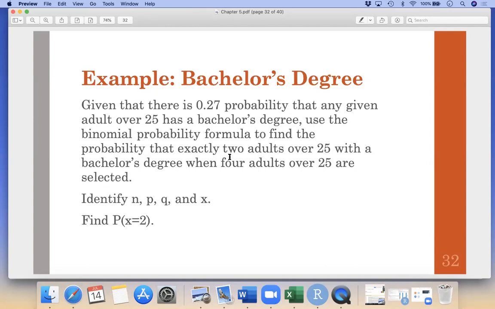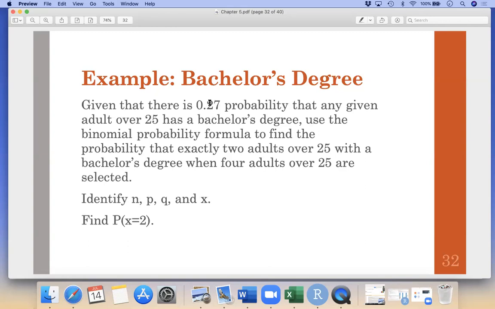What is n? Here it says we have to pick exactly 4 adults over 25 with the bachelor's degree when 4 adults are selected. So n is 4. What is p? Probability of success in each trial. It is 0.27, the probability that any given adult over 25 has a bachelor's degree.